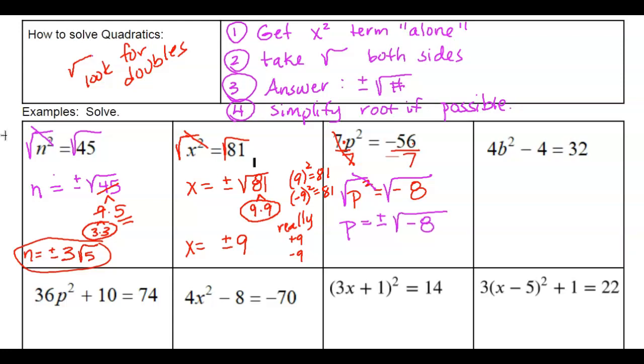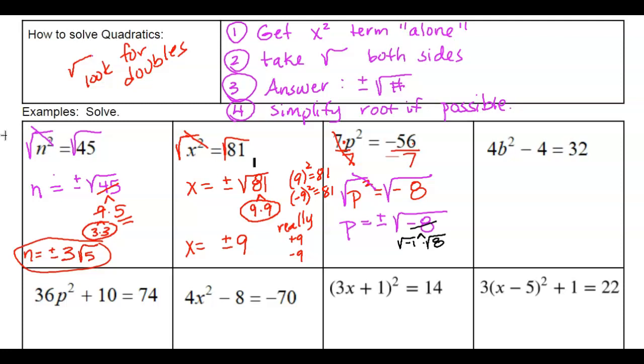Now, back in quarter 1, we saw that we can have a negative under a root, and it gave us an imaginary number. So if you're new this quarter or forgot that idea, we're going to bring that back and review it. What I can really do is split this up into negative 1 times 8, and these are both roots.